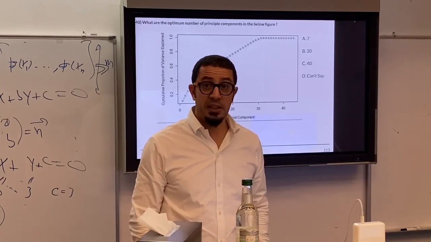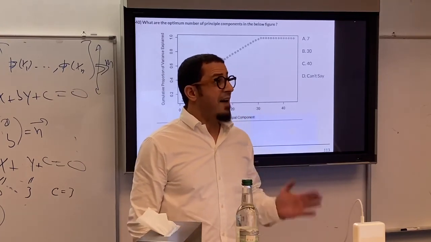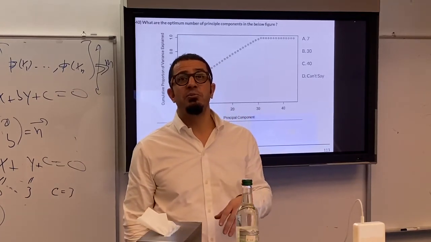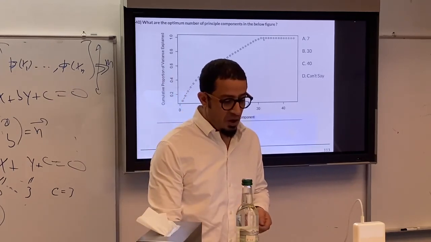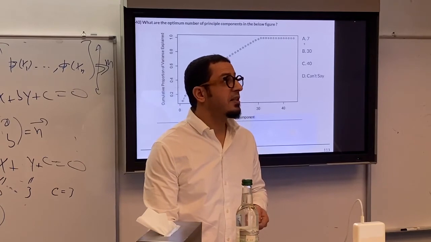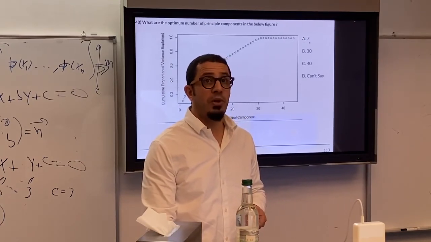A, B, C, D? B, yes, it is B, because after B the lambda is 0. There's nothing more, right? What is the value of lambda here? 0. Okay?